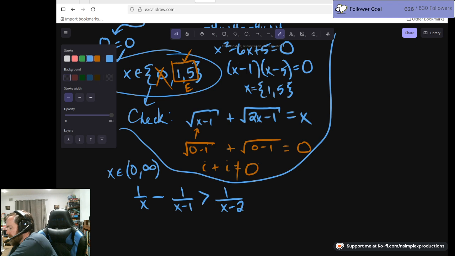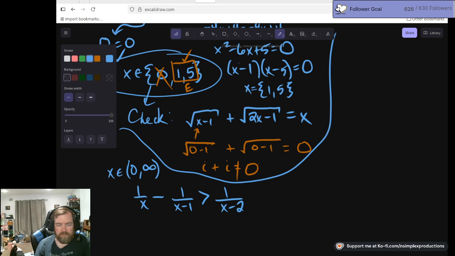So this is rational functions. We didn't really explicitly do this, but anytime you're faced with an inequality, something I always tell my students is that if you can solve this as an equation, that gives you the border points where the behavior might change.